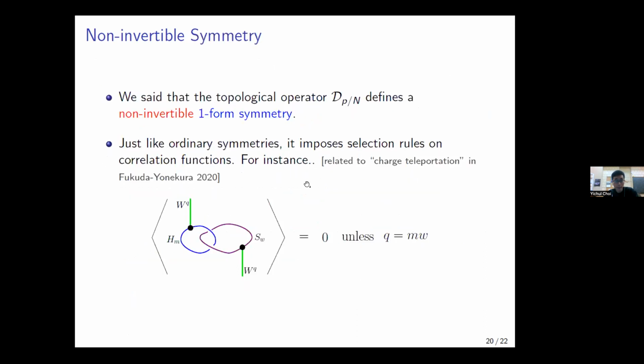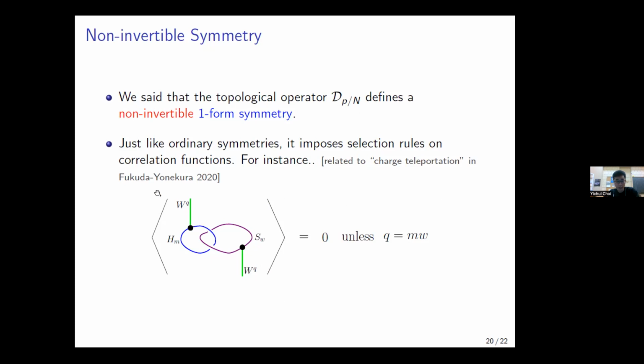In the remaining time, let me tell you about some of the other implications. So we said that the topological operator D_{p/N} defines a non-invertible one-form symmetry in the theory. One can actually show that, just like ordinary symmetries, it imposes selection rules on correlation functions, such as the one shown in this figure.